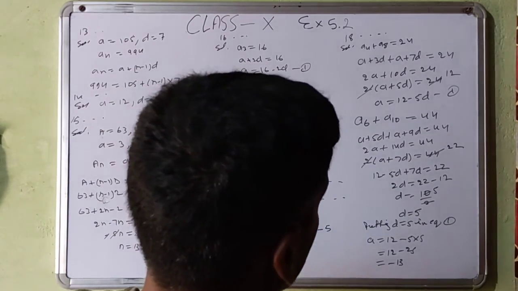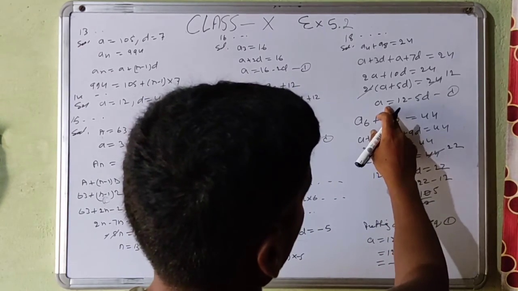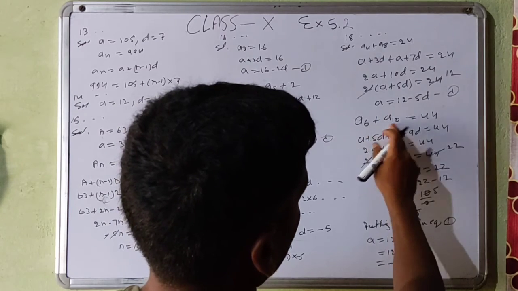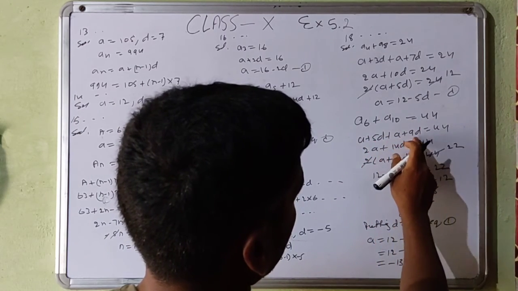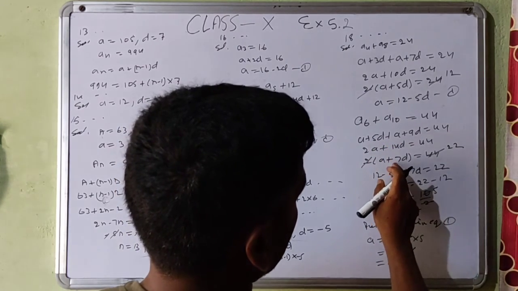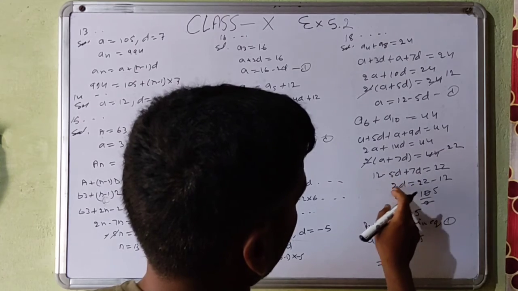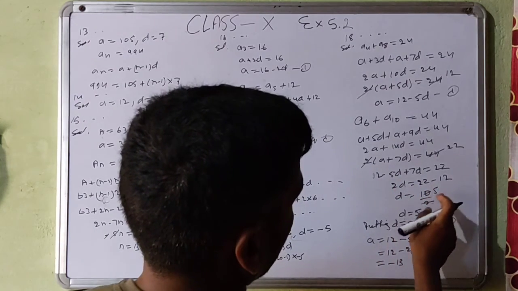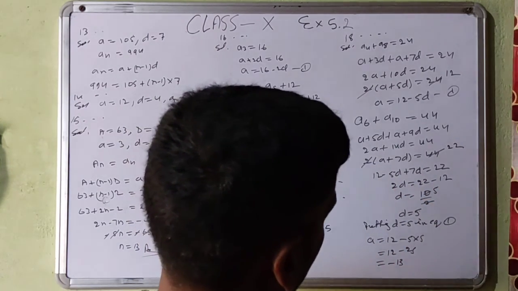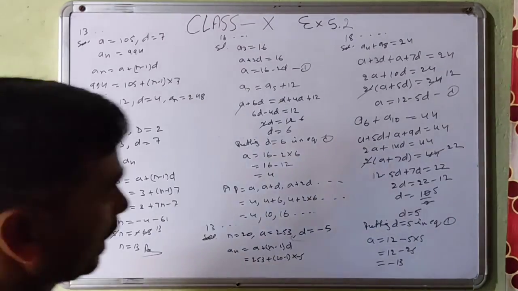Now again we can check that, because minus 13 is coming here, yes, this is right. A plus 5D, A plus 9D, this is also right. A is equal to 12 minus 5D, D is equal to 5, yes.